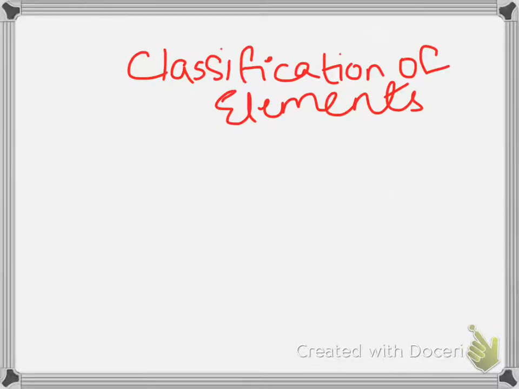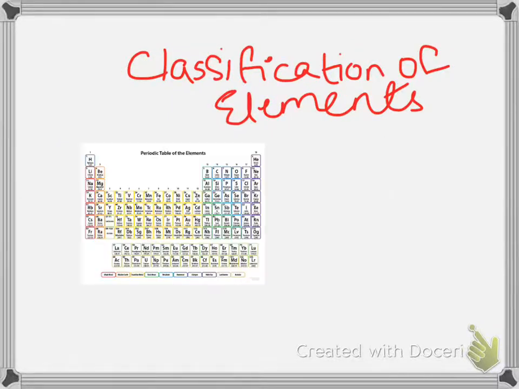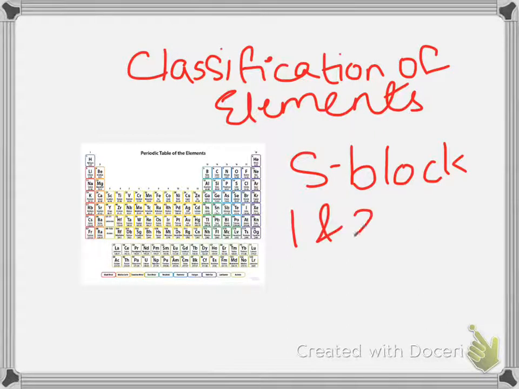Under classification of elements, as we further move on, let's see. As we named the groups 1 to 18, S block elements are those of groups 1 and 2.